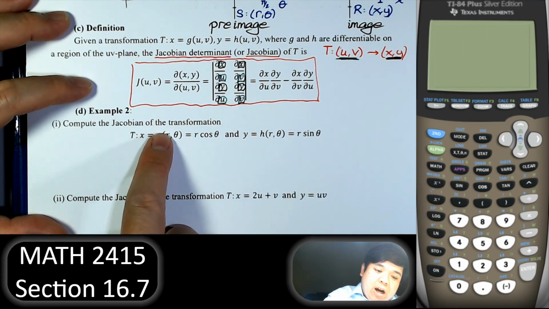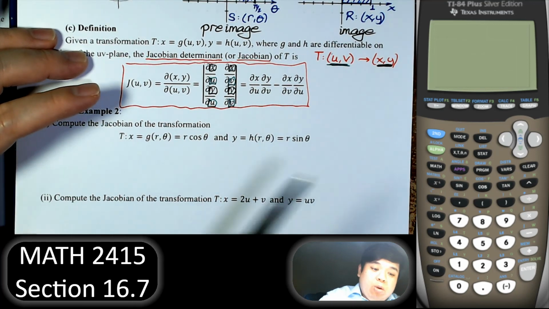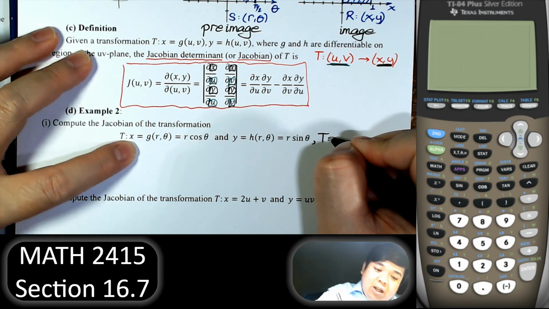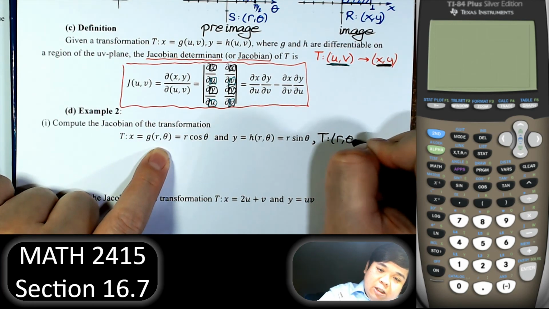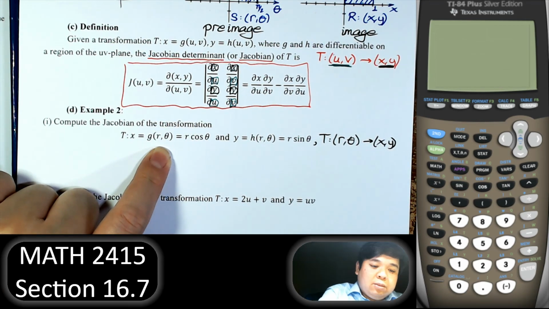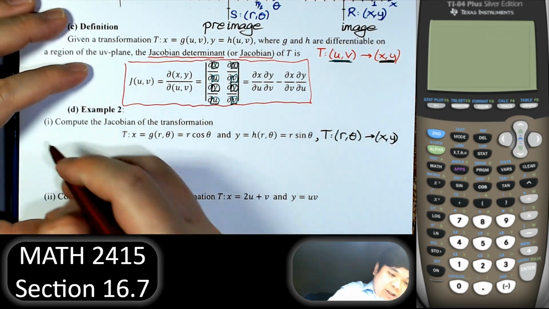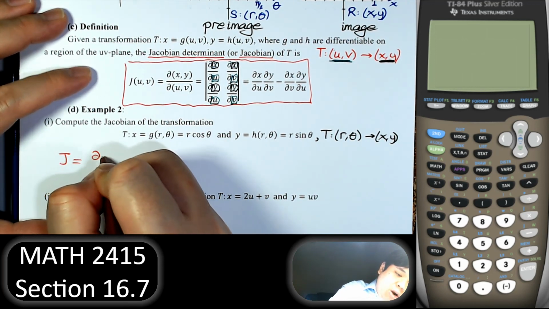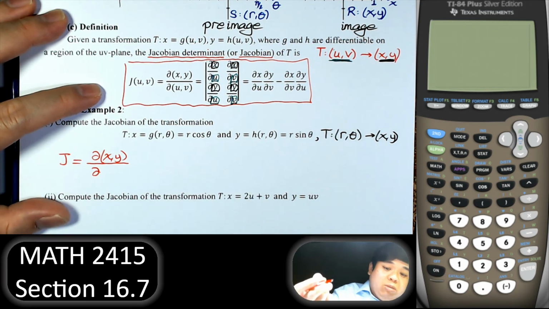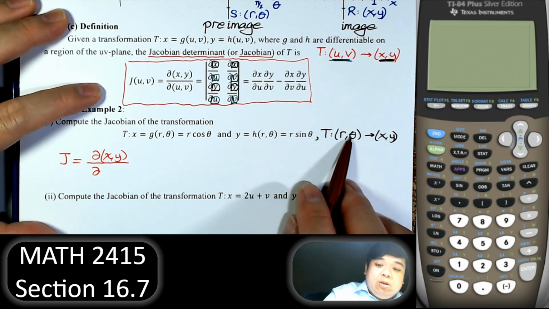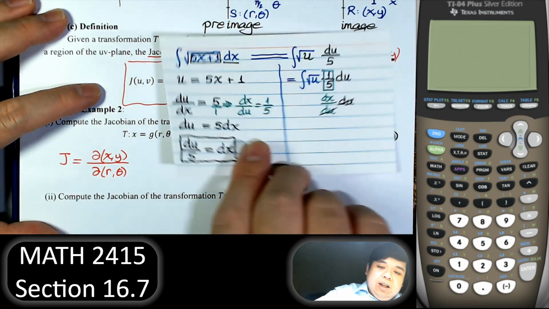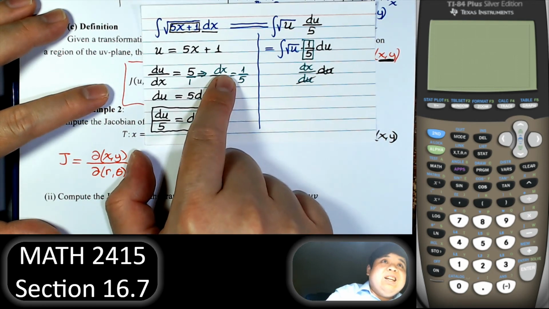Compute the Jacobian of this transformation. Usually when we see this, let's just write out the transformation. This time we go from r and theta to x and y. And the Jacobian is the partial derivative of xy with respect to r and theta, just like this.